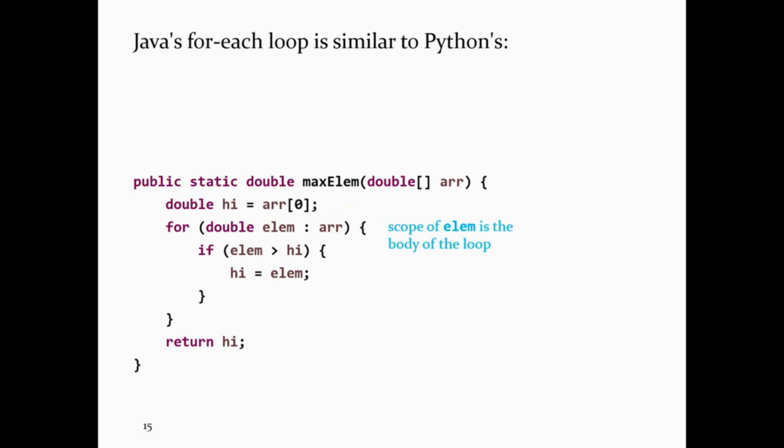So you'd write double elem here, semicolon, and now here you would write for elem colon ARR. And then elem would be available to you after the loop. Here, the scope of elem is the body of the loop. Most loops that you will write, the loop variable only needs to work inside of the loop itself. Usually, you don't need the loop variable after the loop. There are cases when you do.